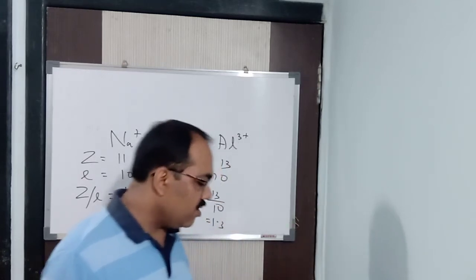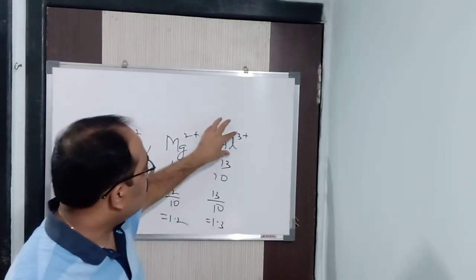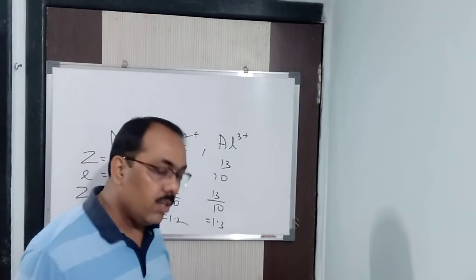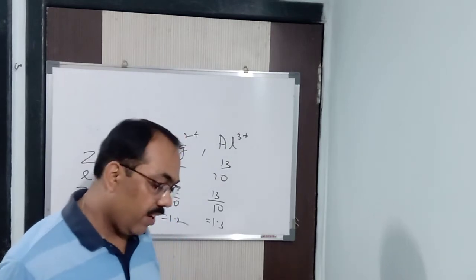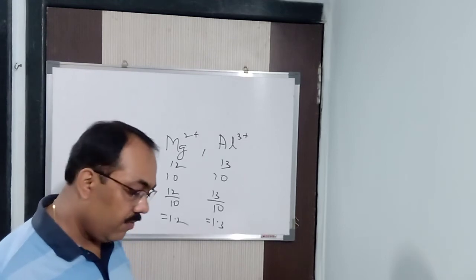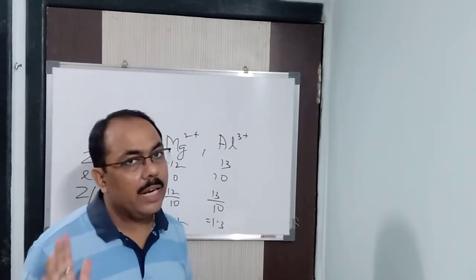Next is the size of the ions, which I have also discussed with you. Here you can see the size of the ion is smaller, so definitely this is a much stronger one. Now the net effect is that if you take lattice energy plus electron gain enthalpy, it should be greater than ionization energy.